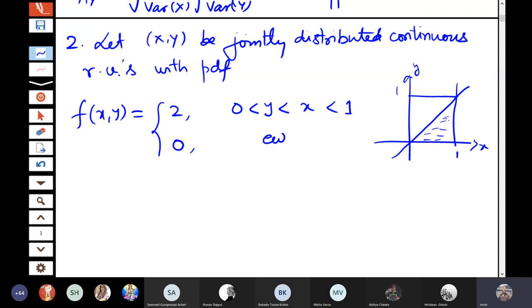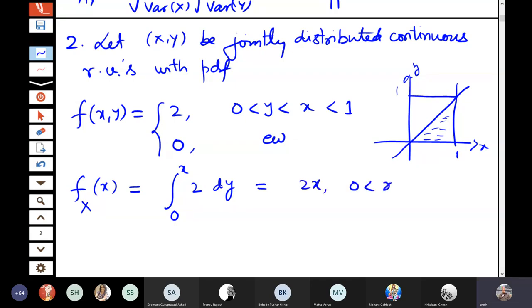So let us calculate the marginal distributions here. The marginal distribution of x is obtained by integrating the joint distribution with respect to y. Now the region of integration of y for a given x is 0 to x, that is 2x. Similarly, the marginal distribution of y is obtained by integrating the joint distribution with respect to x, and for a fixed y, the region of x is from y to 1.